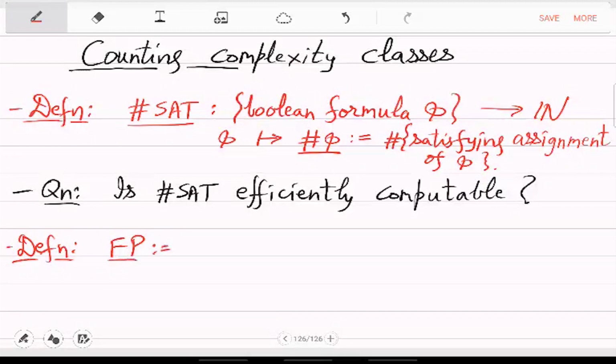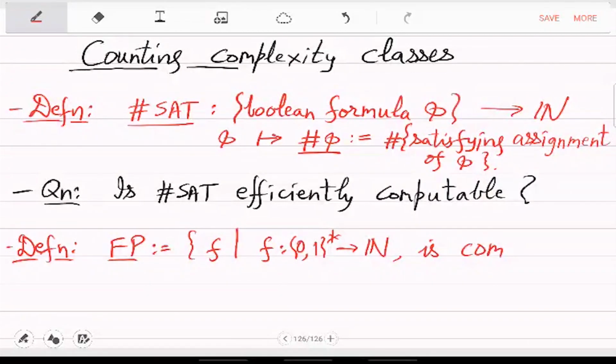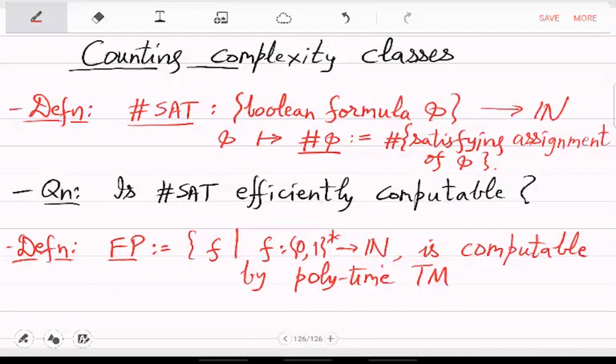So FP is the set of f such that this function on the Boolean strings is computable by a polytime Turing machine M_f.